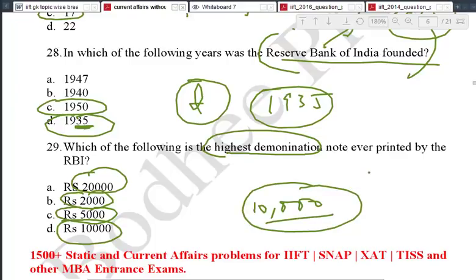I think the circulation was stopped in 1978. Just imagine, in those days, with a 10,000 rupee note, you could have bought an entire flat. You could go to a builder and buy the entire flat just for 10,000. That is an interesting thing.